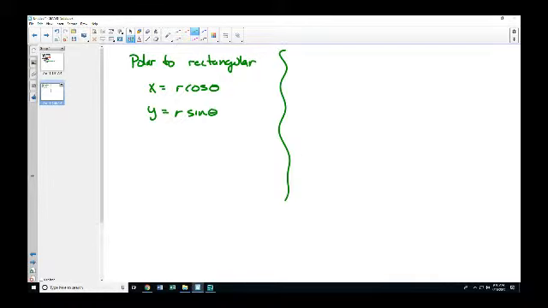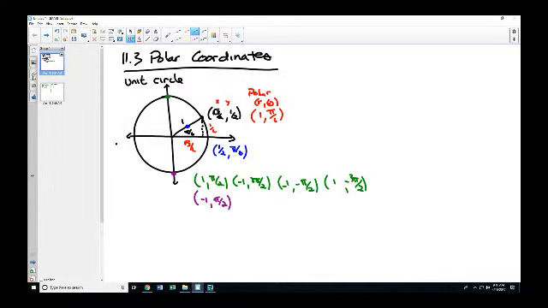And then similarly, rectangular to polar. We want r and theta, right? Would it be x over cosine theta or... No, the theta can't be there.